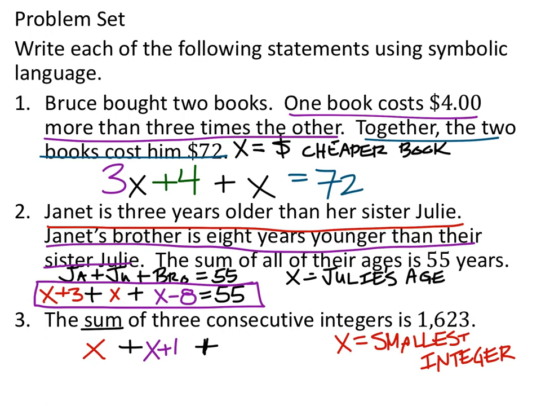And then the third integer, in relation to the smallest one, is not one bigger now because it's bigger than that second value. It's got to be 2 more than x. And then this says that it equals 1,623. Now again, I know you guys could solve this, but it's not required that we do right now. So that's how we're going to leave it.